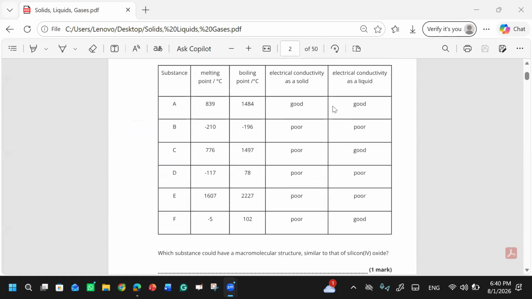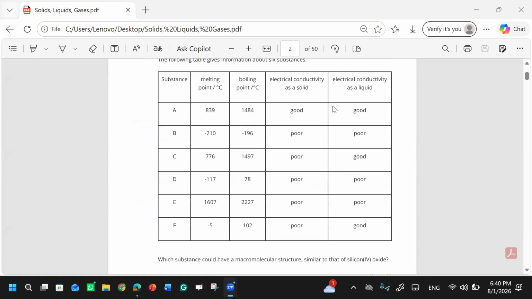Which substance could be aqueous sodium chloride? Aqueous means dissolved in water. Sodium and chlorine, when dissolved. Which type of bonding is this? Is it ionic or covalent?